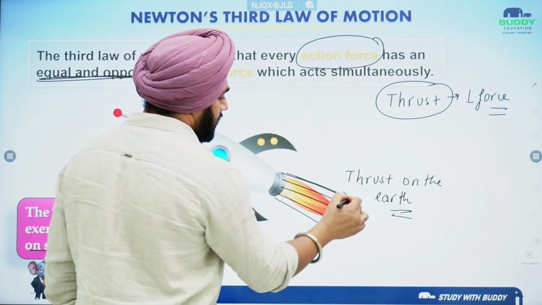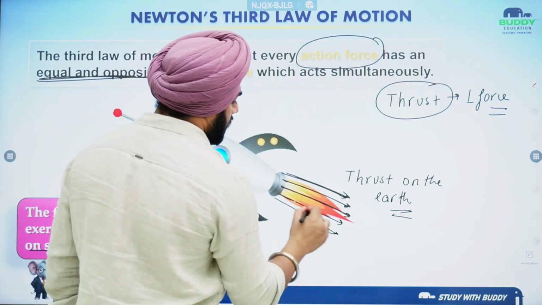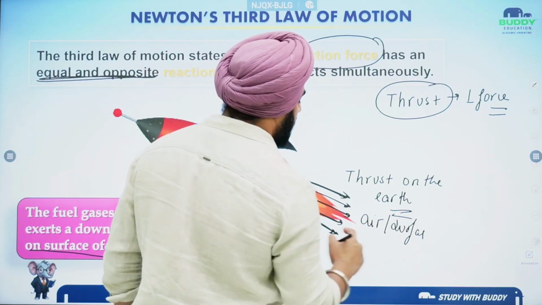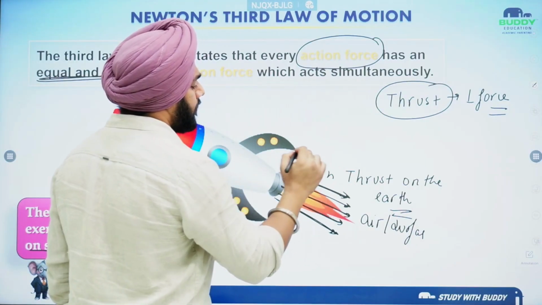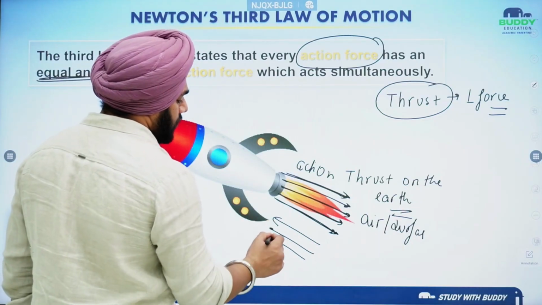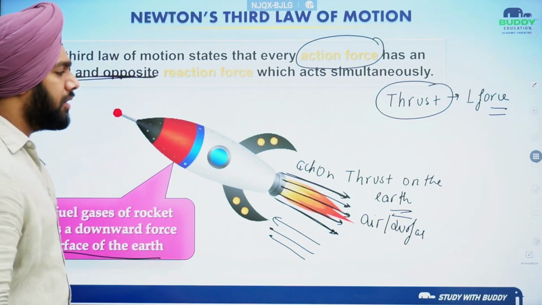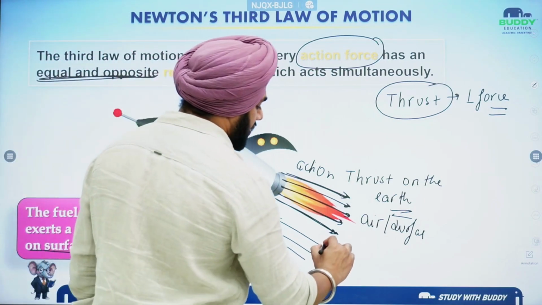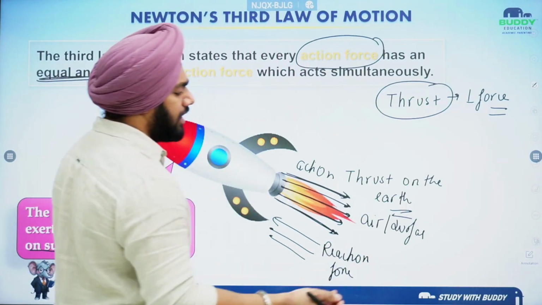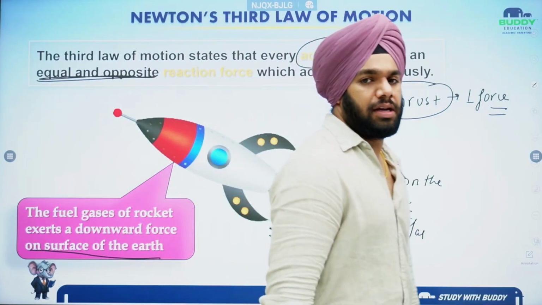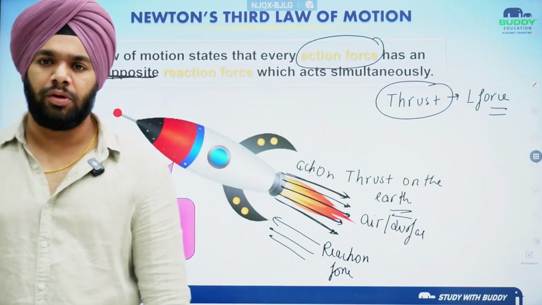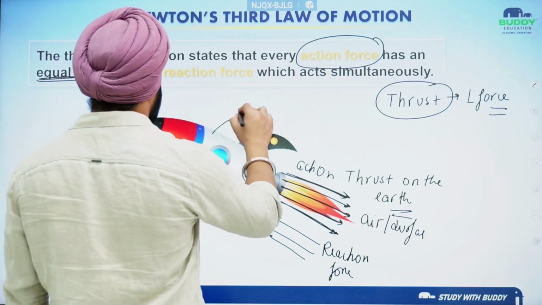Now this is the action in the air or maybe on some surface. If this is the action by the rocket, what will be the reaction? The reaction will be just the opposite, right? So the rocket is able to move upward because of the reaction force exerted by either the surface or the air particles. So we normally say that the more the thrust, the more the acceleration of this rocket.